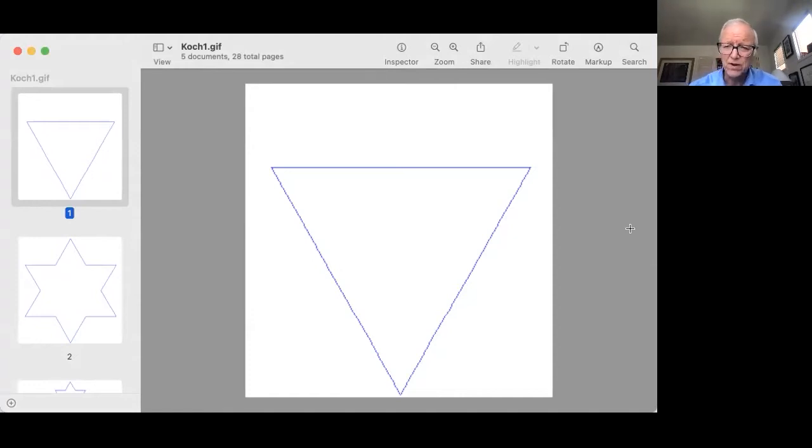So what she did was that she took a triangle like the one that you see here on the screen, an upside down equilateral triangle. And she removed the middle third of all the sides and replaced it with a corner where the sides of the corner had the same length as the part that she had just removed.